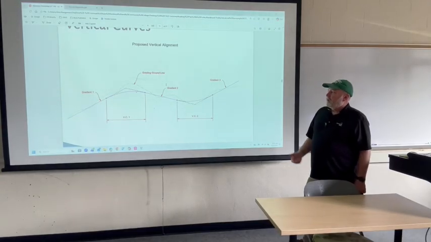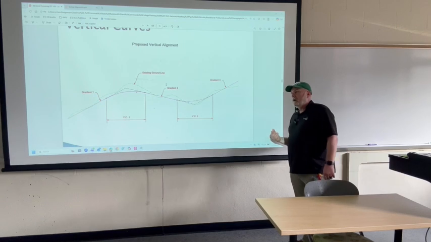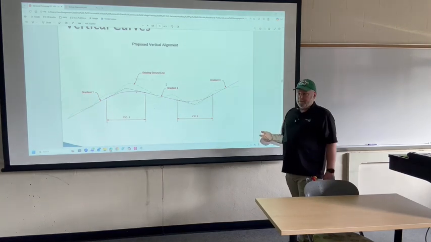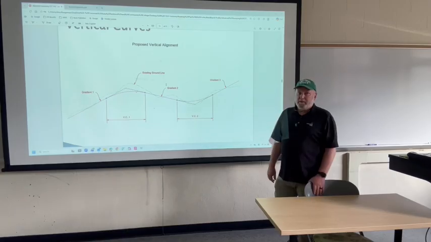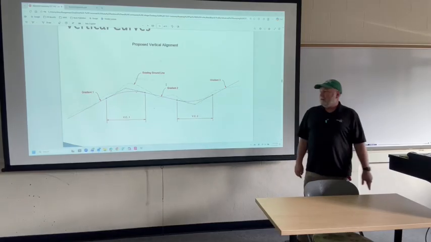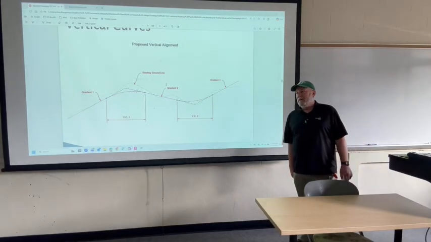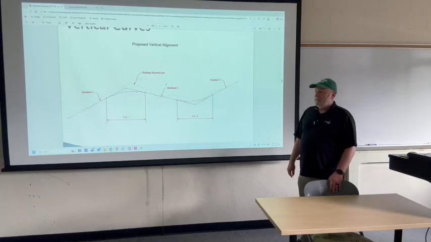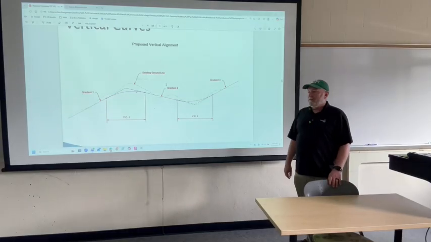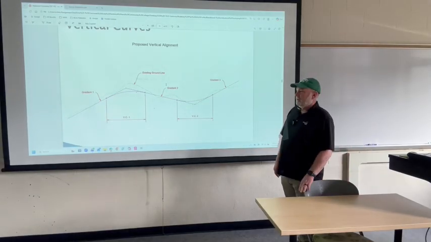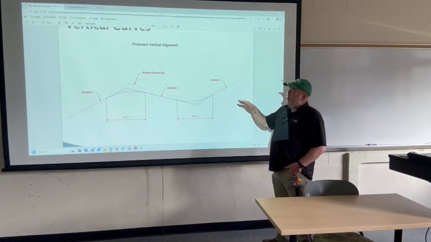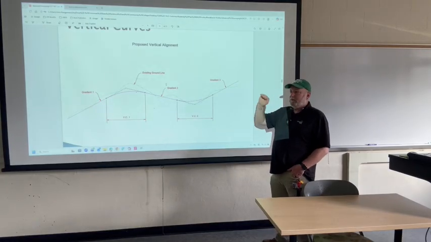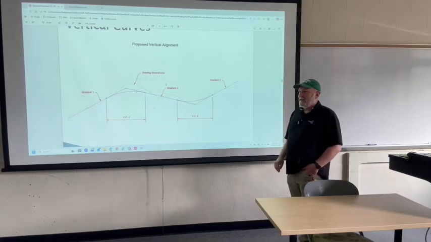And the point of these parabolas here is to make a smooth transition while you are traveling along a roadway. I'm sure a lot of people, maybe those of you who live out in more rural areas, probably know of a few hills that are notoriously fun to drive over quickly, a little hill hopping, which is not safe or good to do. But the vertical curve as a parabola is to help smooth that transition from one tangent to the other.